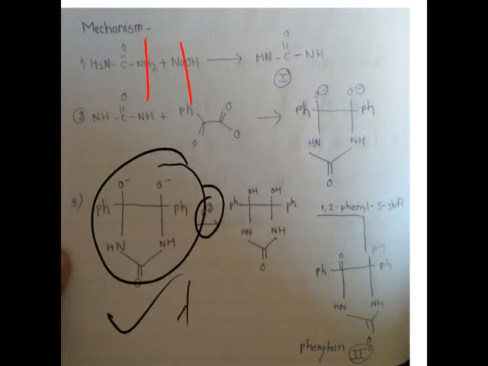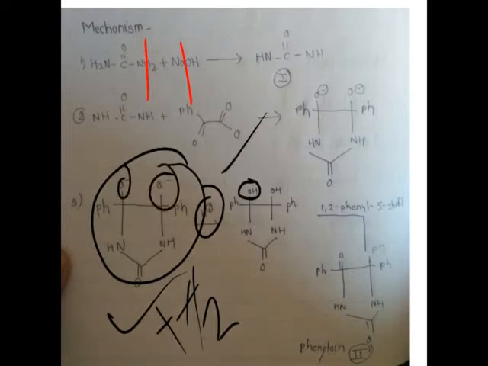So 2 H plus are present. One binds with this oxygen to form a hydroxy group, and another hydrogen bonds to the other oxygen to form a hydroxy group. So that is the step.